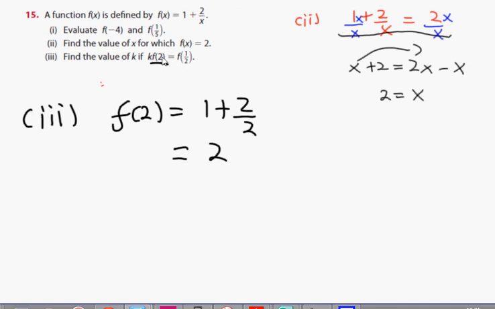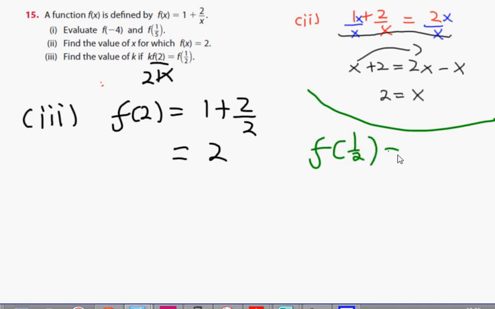Now, what is 2 times k? K times 2 is 2k. Next thing you have to do is find out what f of a half is. F of a half is going to be 1 plus 2 over a half. Put that into the calculator, it comes out as 5.